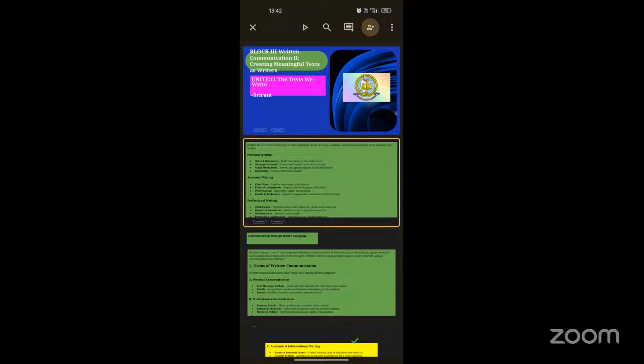The structure should follow a logical sequence, for example, introduction, body, and conclusion. Transition words, for example, therefore, however, in addition, help maintain flow.